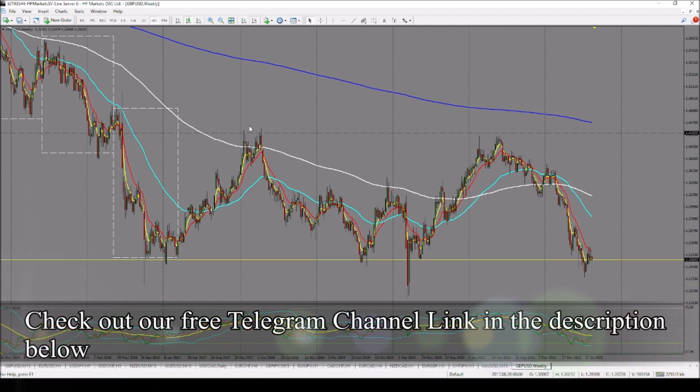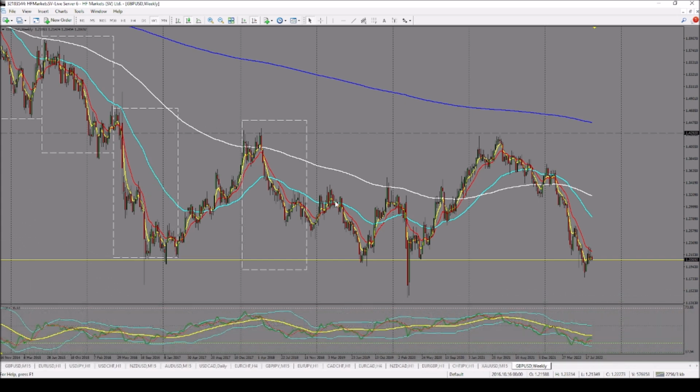So before we go down to the lower time frames, we now can see the levels that have been issued on this weekly time frame. We have level 1 like that, and from that level 1 we have level 2, which actually went from this point down to this zone.